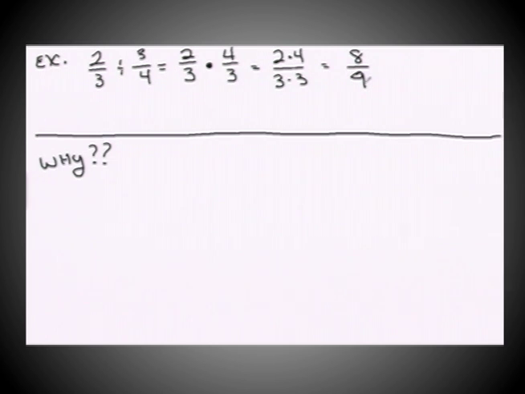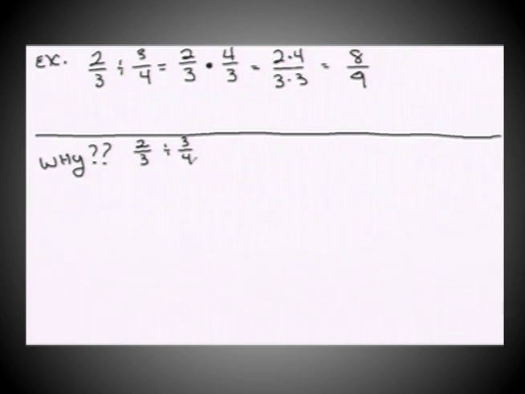So the big question is why? Why is multiplying by the reciprocal the same thing as dividing by a particular fraction? Well, if we take our original example here, 2/3 divided by 3/4. So you'll notice I just used a lot of divided bys there. I'll say that again.